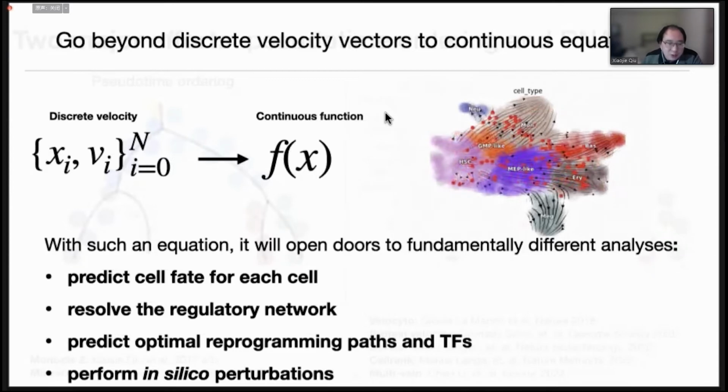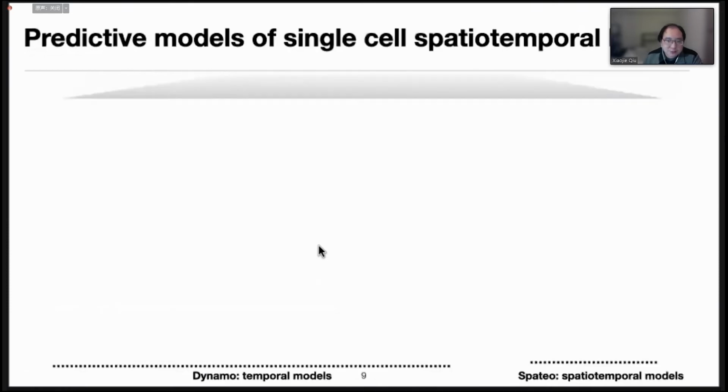For example, we can use it to predict the cell fate for each individual cell. We can also use it to resolve the regulatory network, predict the optimal reprogramming path and identify the key transcription factors. Lastly, it can also help us perform in silico perturbation predictions.